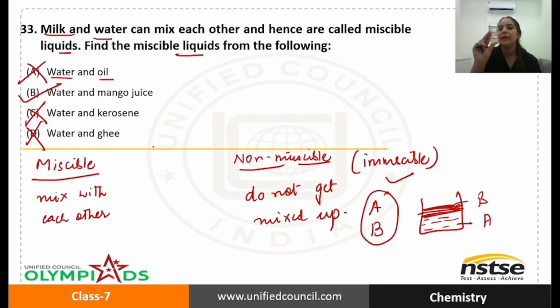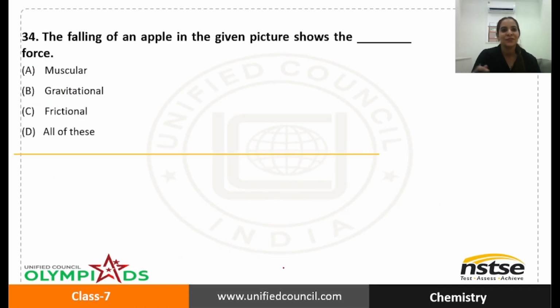Take small water in glass, add ghee to it, or take another sample, water with kerosene oil or water with any oil. You will see that after some time, even if you stir it, you can easily make out where the oil is and where the water is. So here the correct answer, miscible liquids out of them, is option B, water and mango juice.